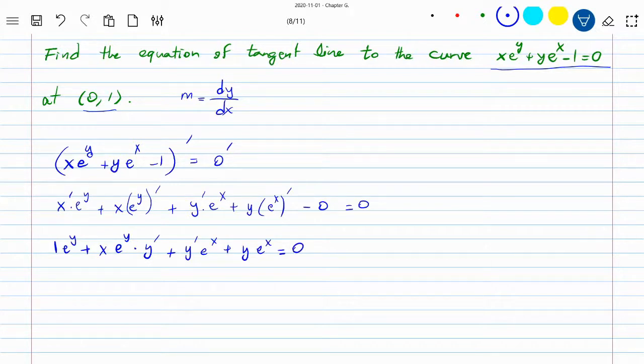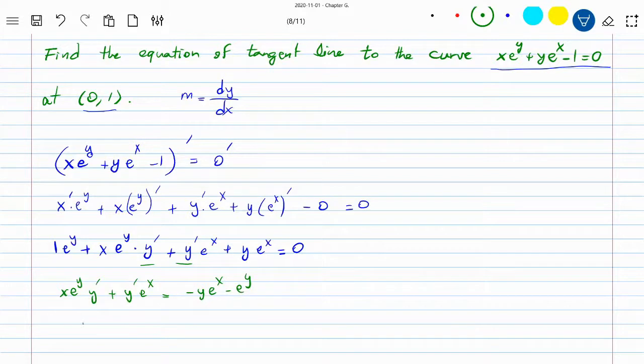So now I just need to figure out what is y prime. So keep the terms that contain y prime and move everything else to the other side. x e to the y y prime plus y prime e to the x equals negative y e to the x minus e to the y.